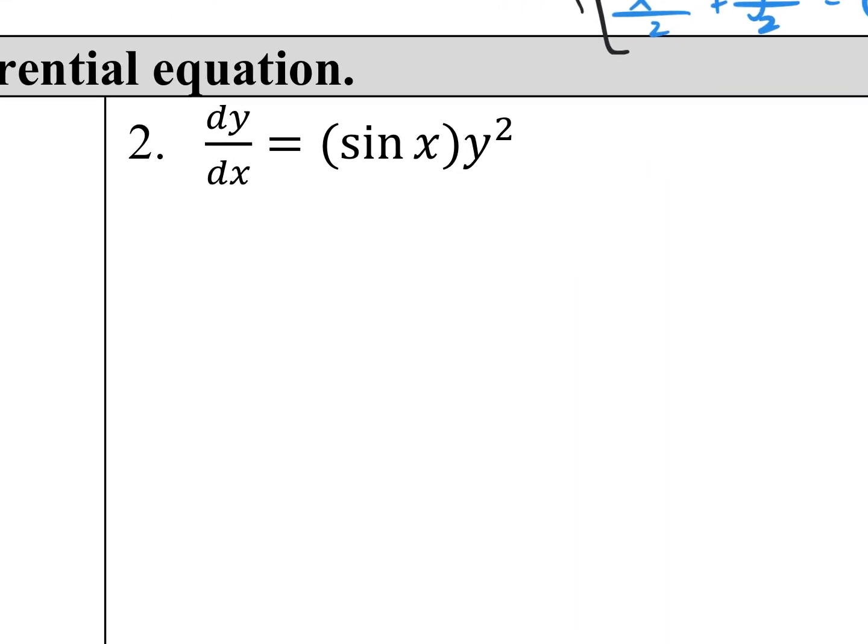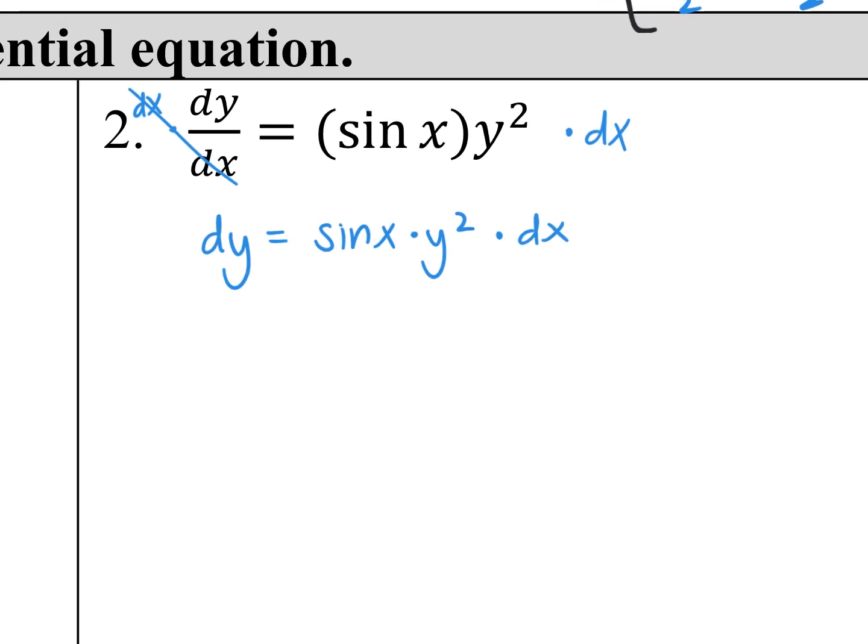Number 2, I've got dy over dx is equal to sine of x times y squared. So let's get rid of this dividing by dx. So I'm going to multiply by dx on both sides. And then I get dy is equal to sine of x times y squared times dx.